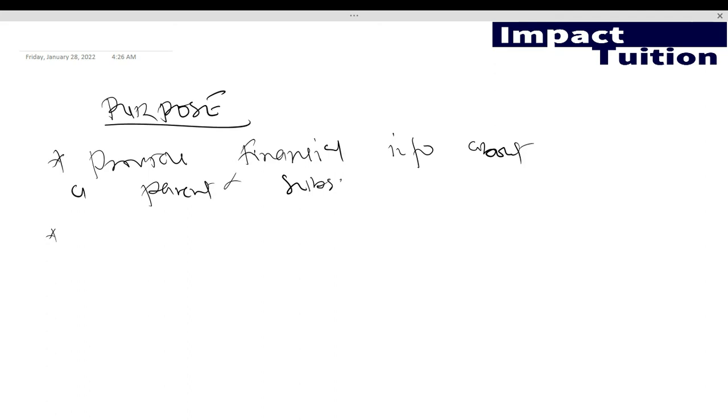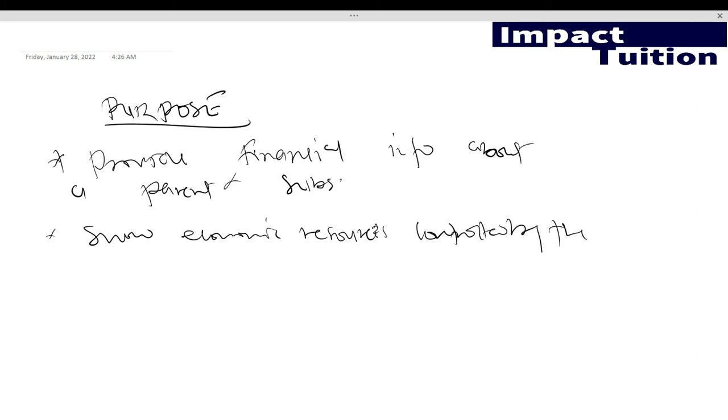Show economic resources controlled by the group. Show obligations of the group.